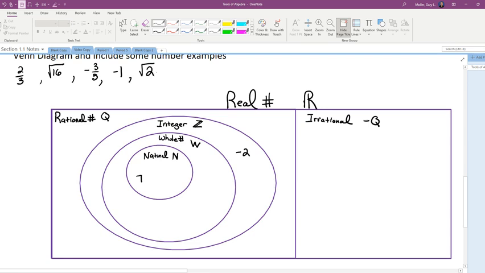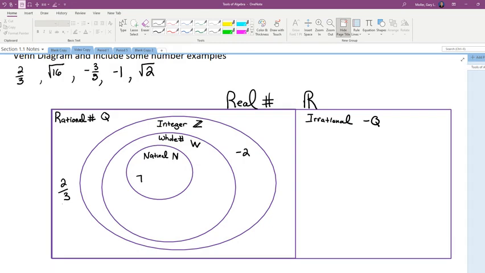All right. So all of these are real numbers. So by default, we're going to put them in these boxes. 2/3 cannot be written as an integer. It is not a positive or negative whole number, but obviously it can be written as a fraction. So 2/3 belongs over on the rational side in the rational box, but not inside one of the circles.